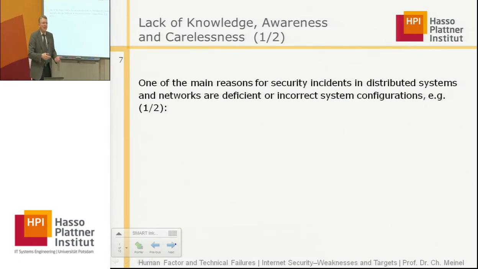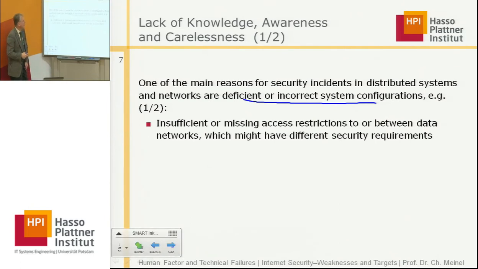Some do not completely understand why such security mechanisms are needed or why this has to be done. Some know this, but nevertheless they are careless. One of the main reasons for security incidents in distributed systems and networks are defective or incorrect system configurations, so that the system is not configured in the correct way.